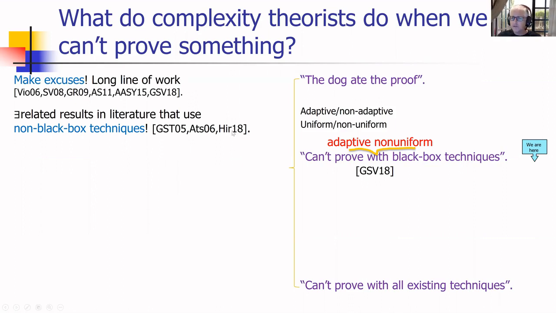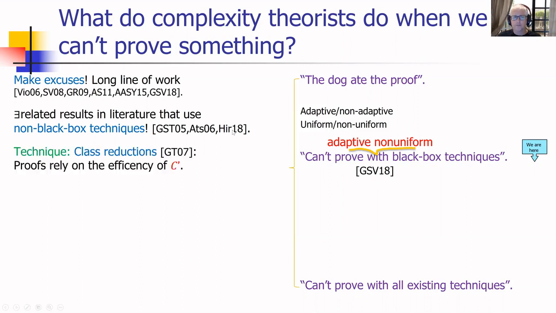And this reduction is non-black box. So the technique that is used by Gutfreund, Shaltiel, and Tashma, or by Hirahara, is something that I'll call a class reduction. These are proofs that rely on the efficiency of the adversary, which is breaking f XOR t. And I'm going to explain this in the next slide.